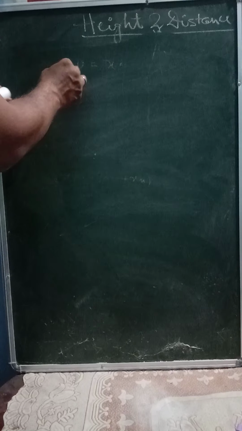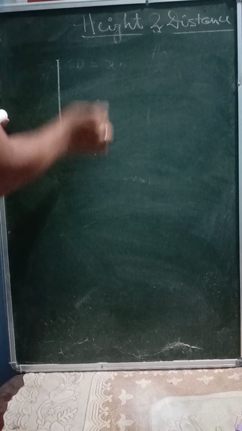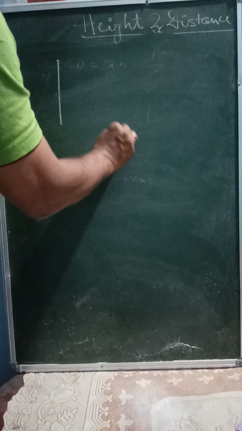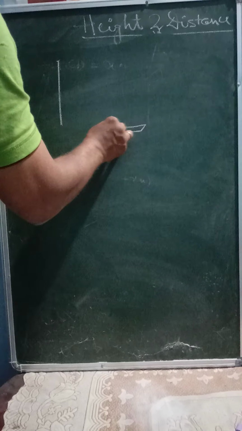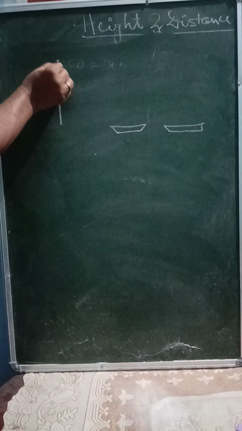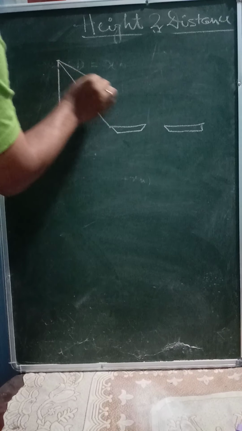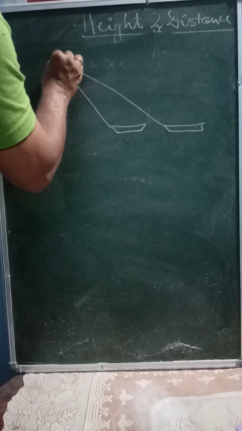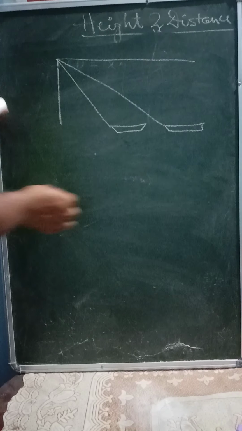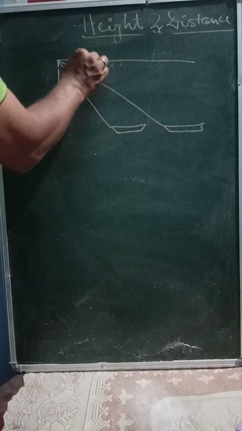So just see, this is a lighthouse, and there is a ship here and a ship here. So the angle of depression here, this is one ship, this is another ship. I have already told you about the angle of depression.